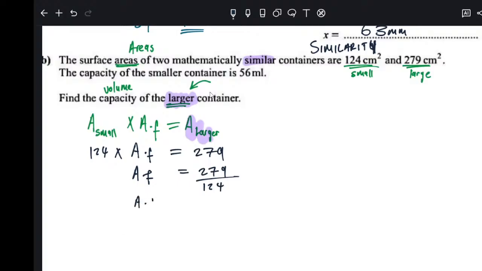And I can get my area factor. What is it going to be? What is the area factor going to be? What's 279 divided by 124, class? Pardon? 2.25.